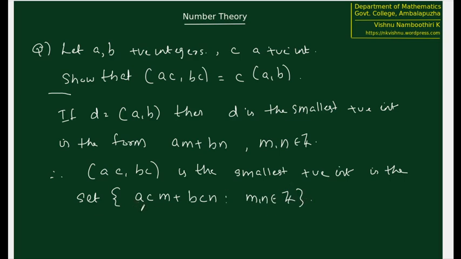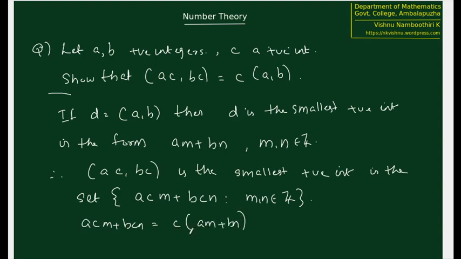So we have to find the smallest positive integer in the set acm plus bcn, and that will be the GCD of ac and bc. Now, acm plus bcn is equal to c times (am plus bn).